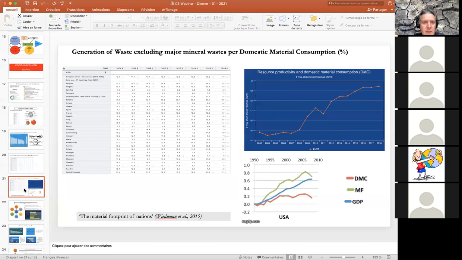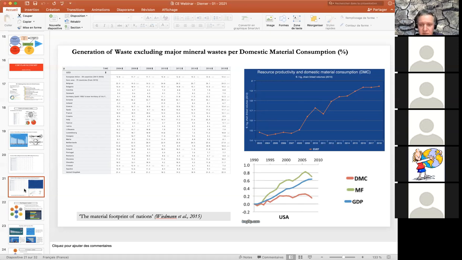If we check, for example, generation of waste excluding major mineral waste, for domestic material consumption, I put here the diagrams of resource productivity and domestic material consumption. I think there's a big question today. If we start to understand that each country has a different design of footprint, we understand that GDP is one aspect of the discussion, but the big aspect is the material footprint.